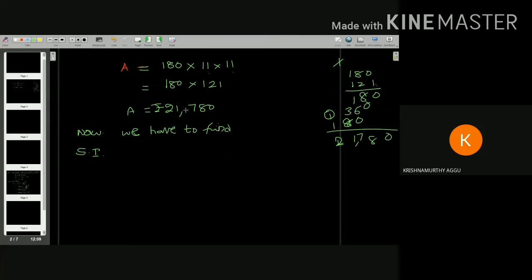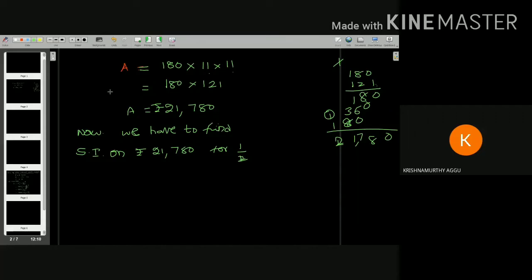The starting amount is 18,000, not that. So we have to find simple interest on rupees 21,780 for how much time? For half year only.